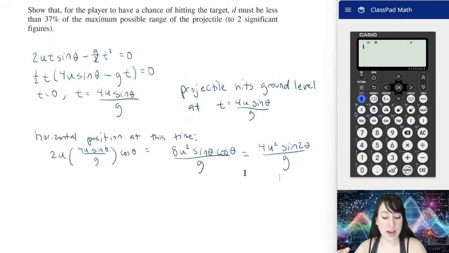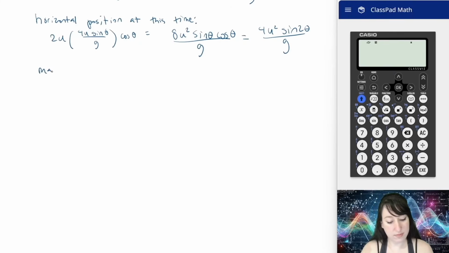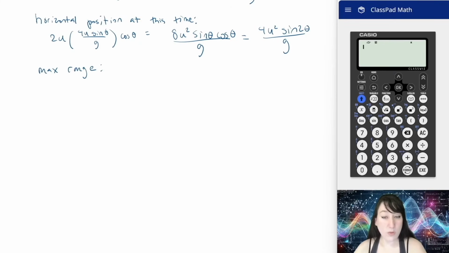Now, this question has a lot to do with the maximum range of the projectile. So let's determine its maximum possible range. Now the only thing that can change again is theta, as was stated in the question. Of course, we're going to consider angles from 0 to pi over 2, so sine will vary from 0 to 1. It's in the numerator, so we'd be interested when sine is its largest.